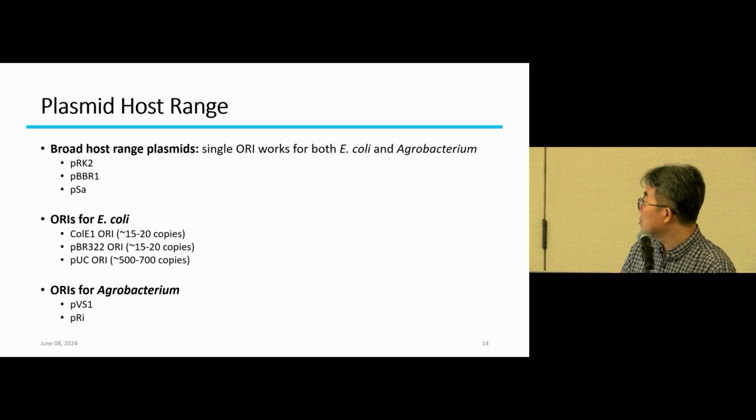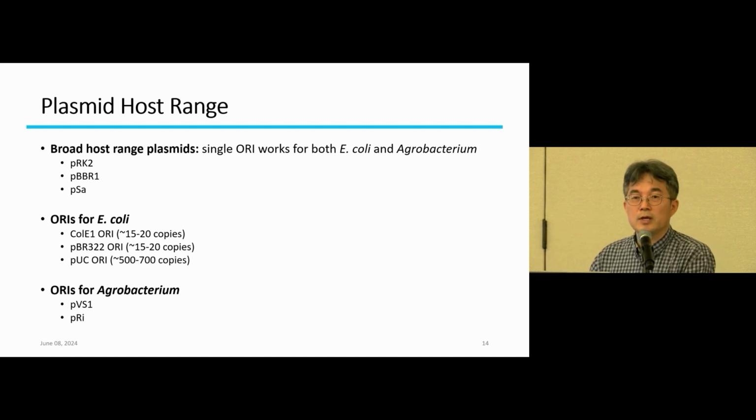The bottom one is an origin of replication that only works for Agro, not for E. coli, which is pVS1 or the root-inducing plasmid origin of replication, like pRi. If you only have this one for cloning, it will not work in E. coli.